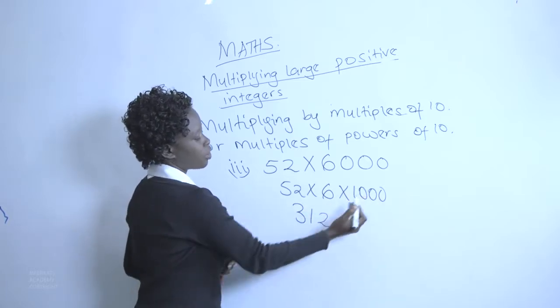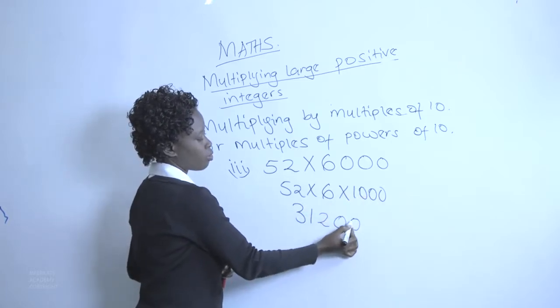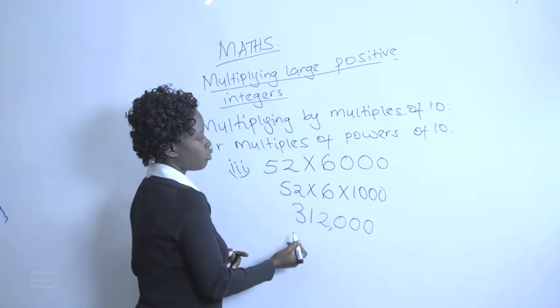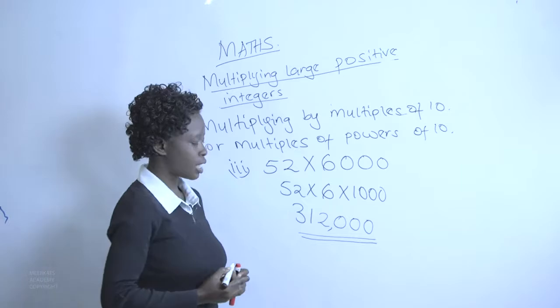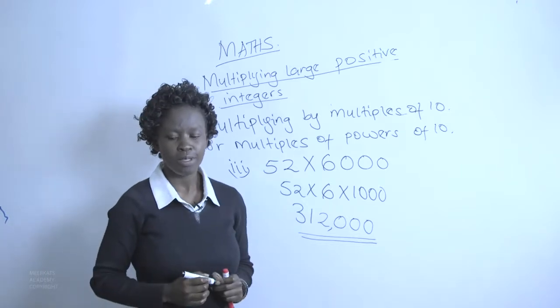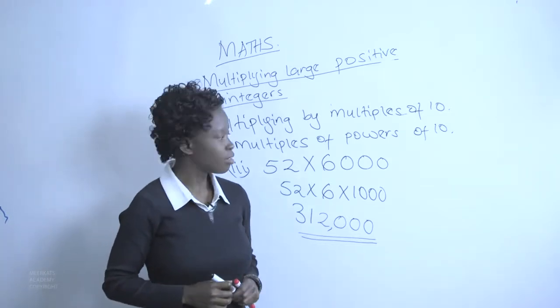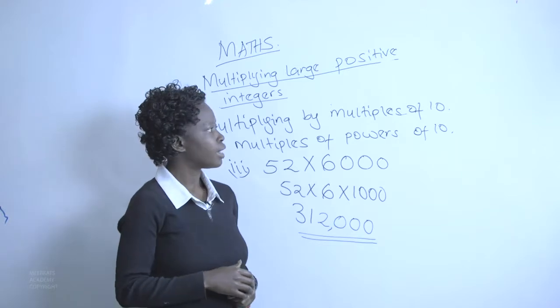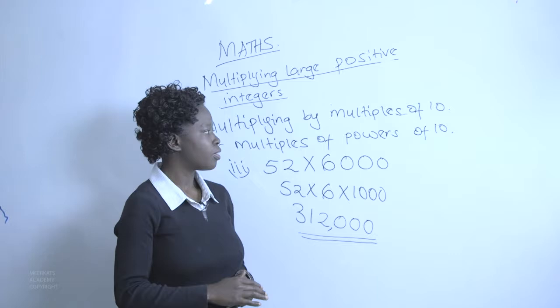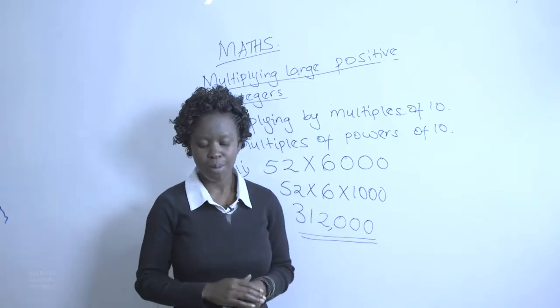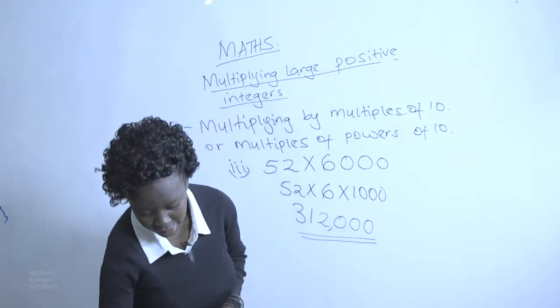Then we add on the 3 zeros from 1,000, so 52 times 6,000 gives us 312,000. So that is multiplying a number by multiples of 10 or the multiples of powers of 10.